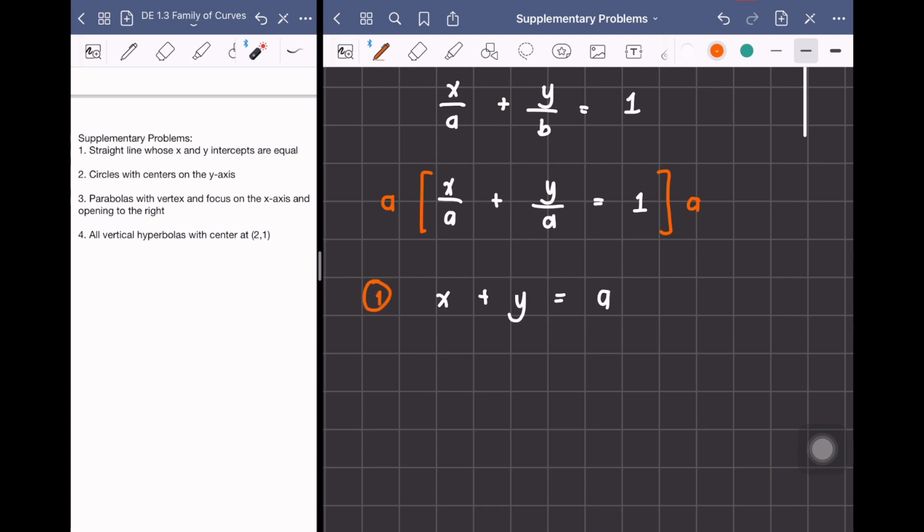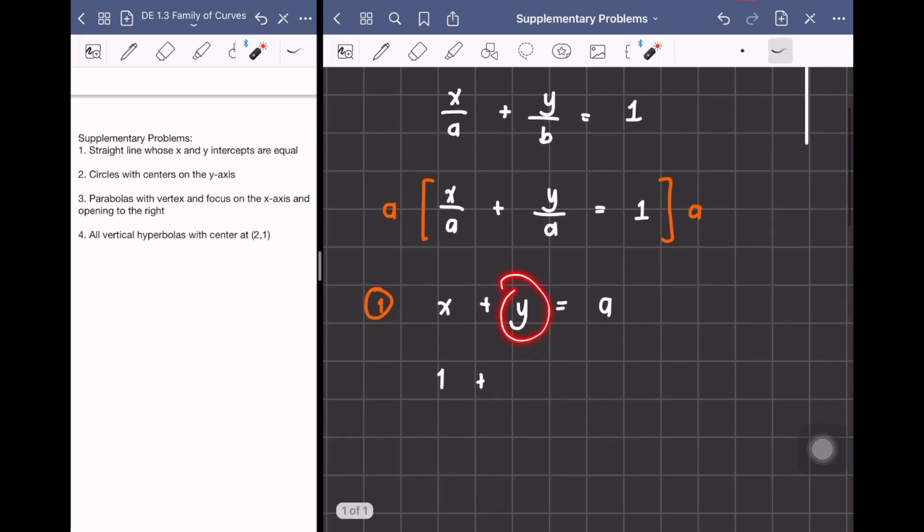And all I have to do is take the first derivative of this equation, since we only have one arbitrary constant. That would be, the derivative of x is 1, plus the derivative of y is y prime, equivalent to the derivative of an arbitrary constant, which is 0.